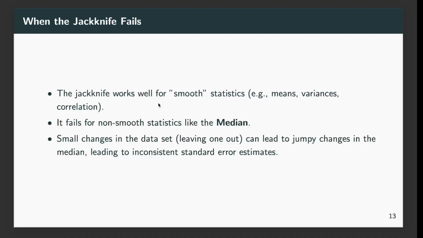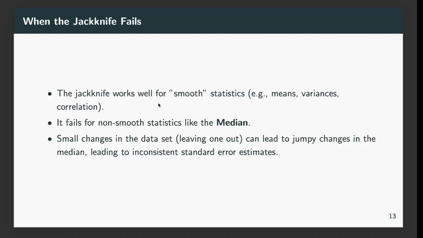If we leave one observation out, sometimes the median can jump by quite a substantial amount. It can jump from one value to a completely different value. This is what we mean by non-smoothness. Small changes in the data set, which is leaving one out, can lead to jumpy changes in the median, which lead to inconsistent standard error estimates.